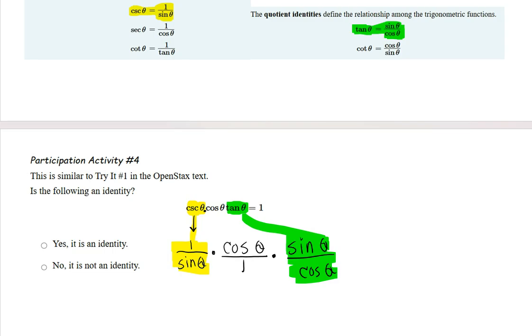And then I'm literally multiplying 3 fractions together, so any numerator can cancel any denominator. So this sine of theta cancels that one, and this cosine of theta cancels that one. These become ones, anything divided by itself is 1.